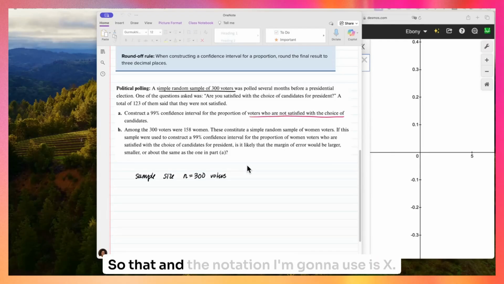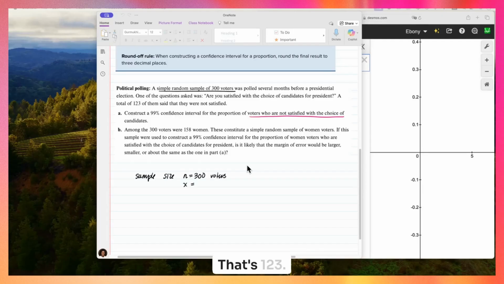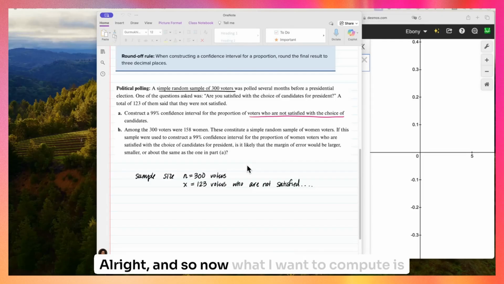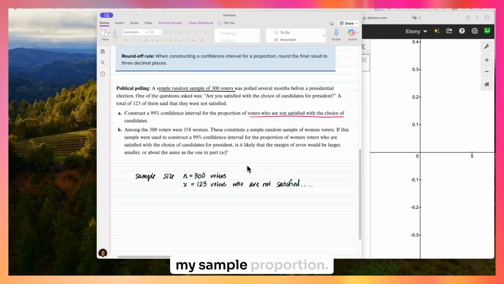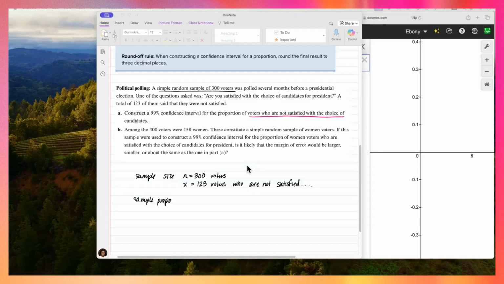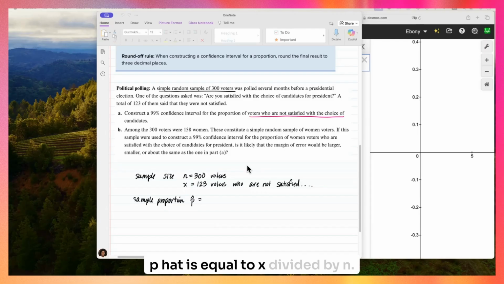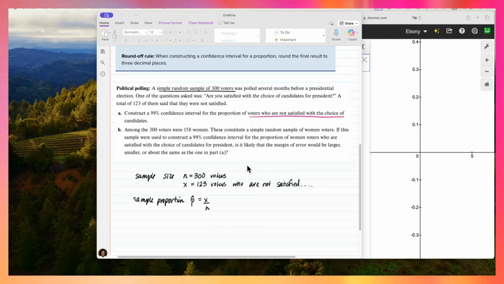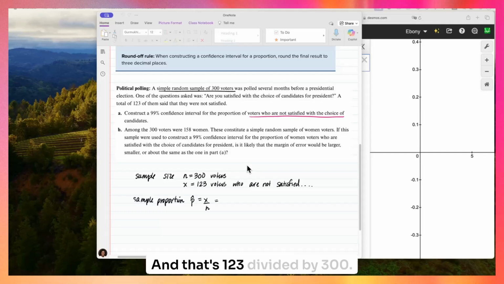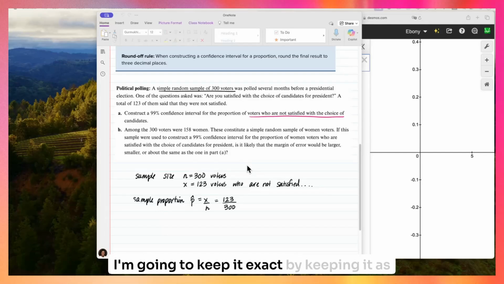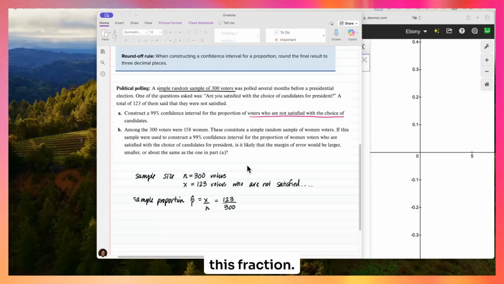The notation I'm going to use is x, and that's 123. All right, and so now what I want to compute is my sample proportion, p hat. p hat is equal to x divided by n, and that's 123 divided by 300. I'm going to keep it exact by keeping it as this fraction.